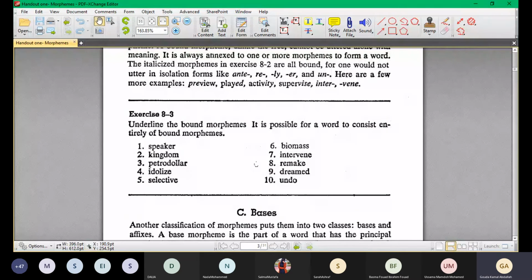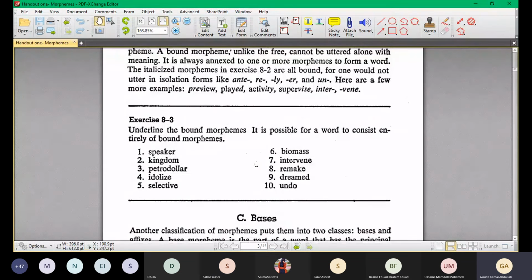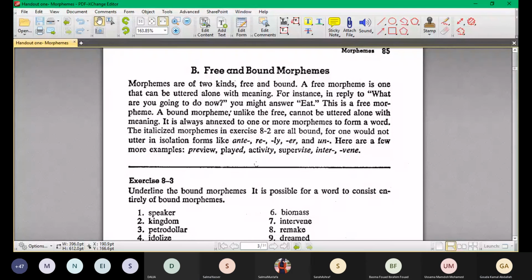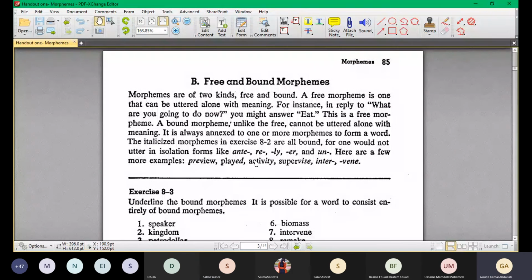Any word in English has at least one morpheme? Could you please come again, because I didn't hear you. Does this mean that any word in English has at least one morpheme? Can anyone hear what she's saying? Yes, come again, please.